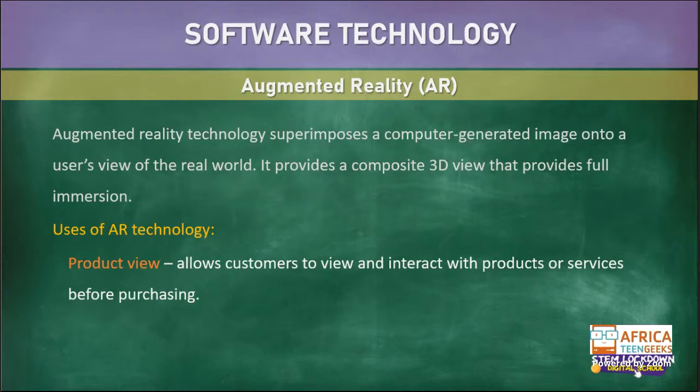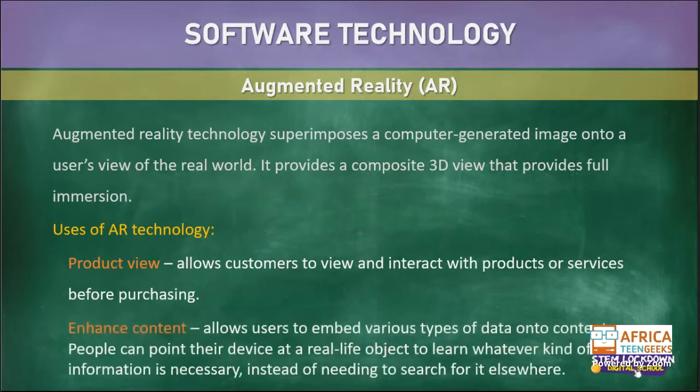If you want to buy any product, you are able to test it, but virtually. Number two, enhanced content. Now, this one allows users to embed various types of data onto content. People can point their devices to a real-life object to learn whatever kind of information is necessary, instead of needing to search for it elsewhere.